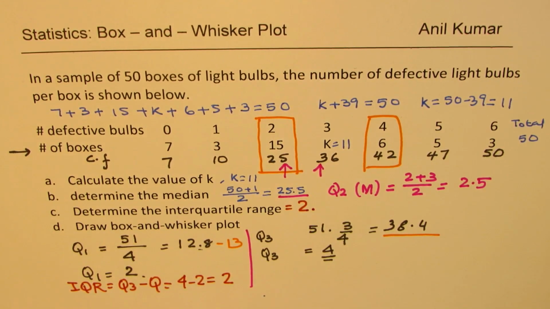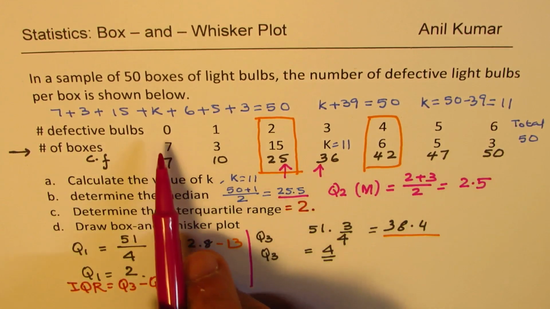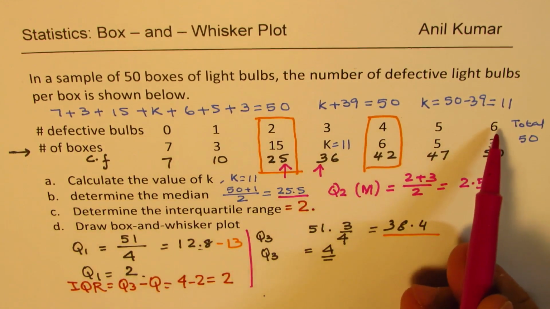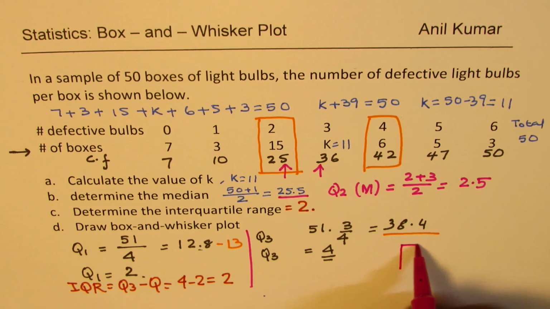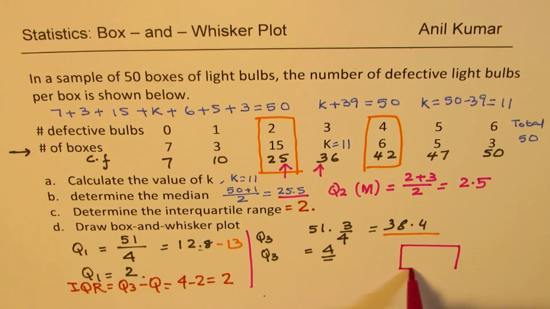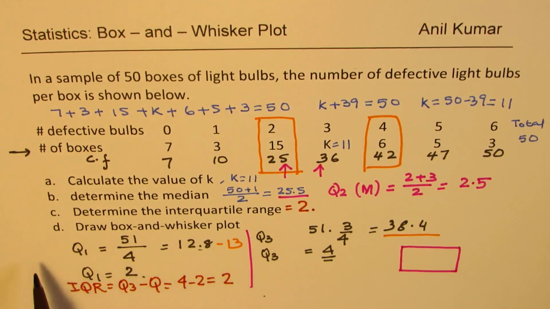Now let us sketch the box and whisker plot. Okay, so we have this data which goes from 0 to 6. So we have this box here. So in this box we figured that the value of interquartile range is 2, Q1 is 2.